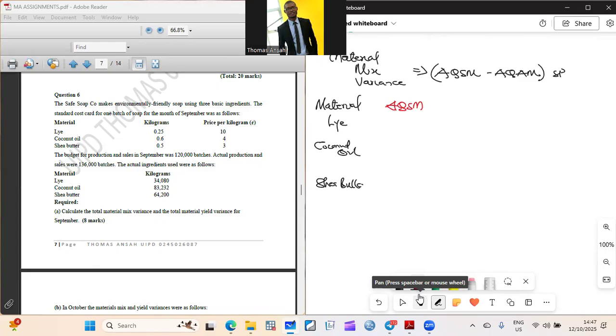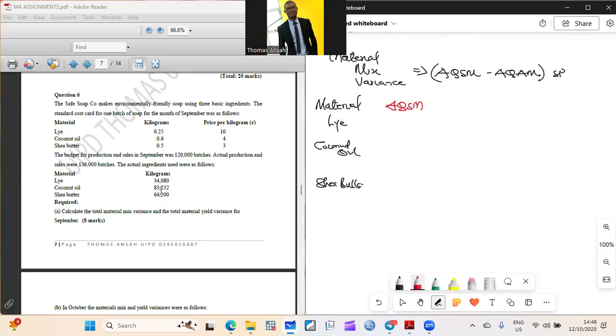So you know that the actual total quantity of material for 136,000 is what you need. You need the actual quantity, all of them. Is that okay? So the actual quantity, this is what you have.